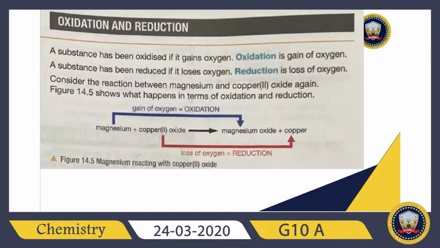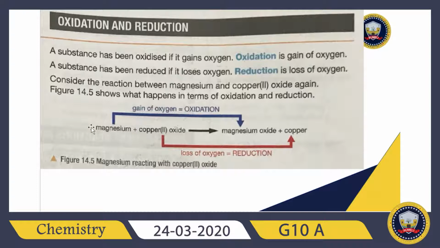You should remember that a reducing agent is the element or compound that the oxidation process happened on. So here the magnesium is the reducing agent. It is a little bit confusing. Again, the reducing agent is the element or the compound that the oxidation process happened on.